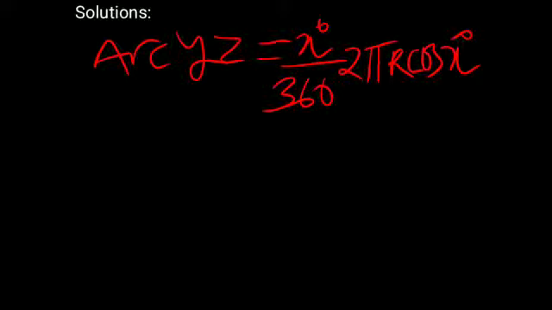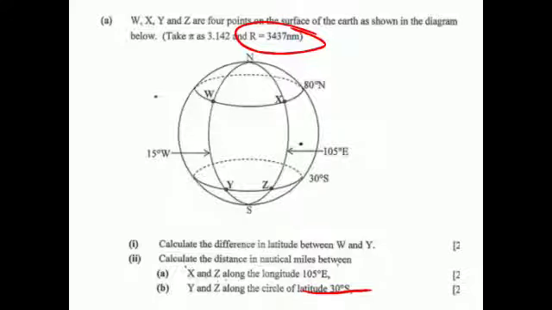So let's do the replacements. We are first of all supposed to understand the angle subtended by the arc on the center. So we will get that by looking at the longitudes where points Y and Z are lying.